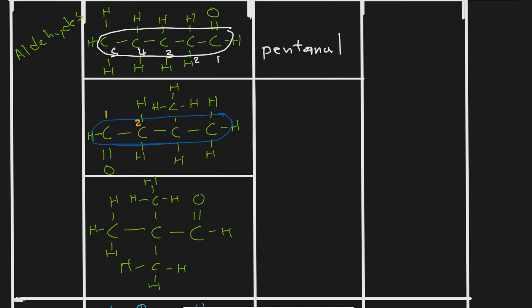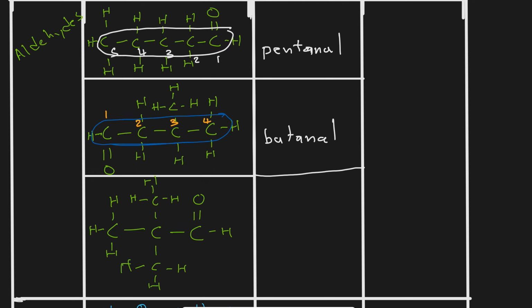So this is 1, 2, 3, 4. The main chain has 4 carbons, so the name is going to be butanal. Because it is an aldehyde, it is always going to be butanal, and it does not have any particular position.